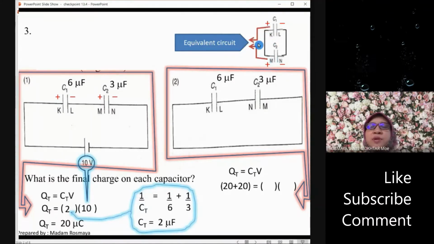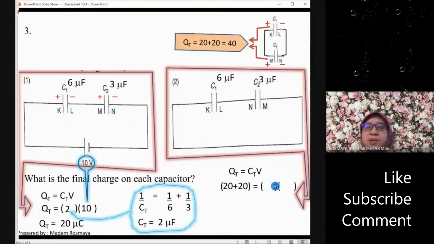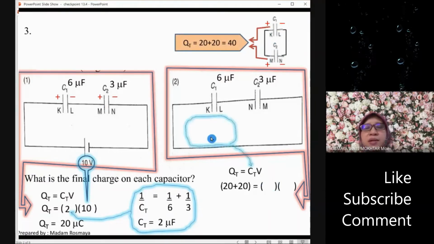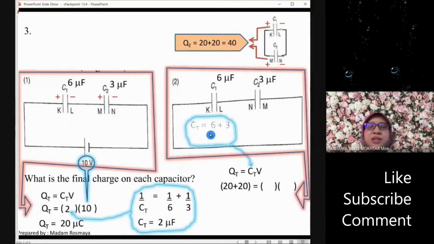If you complete this circuit, you will see the charge flows out together. That's why you total the charge, 20 plus 20. This is the total charge, and then the capacitance. The capacitors are arranged in parallel, so you calculate the capacitance as 6 plus 3, so 9.